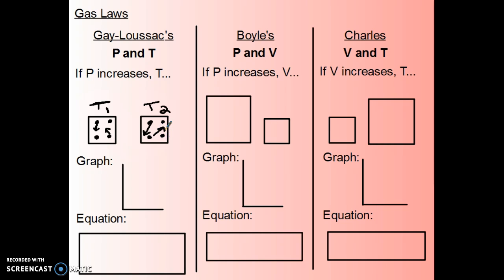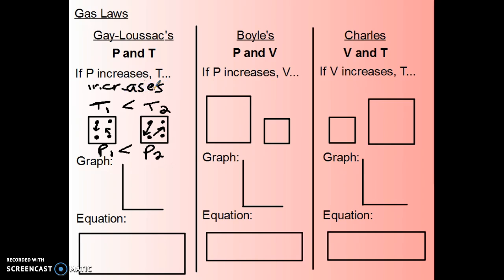Okay, so since these are moving faster, T1 is smaller than T2, and that means that our pressure from T1 is going to be lower than our pressure from T2. So P2 will also be greater than P1, just like T2 is greater than T1. So if our pressure increases, our temperature also increases.